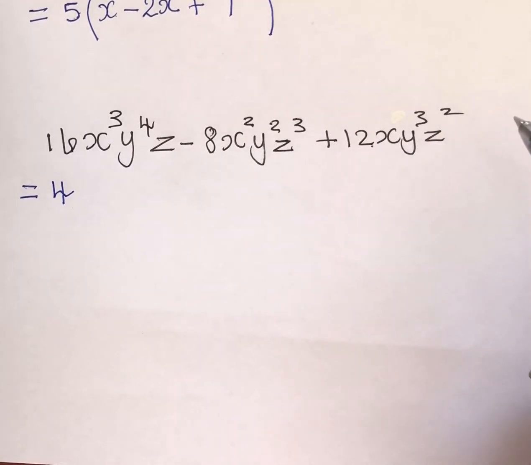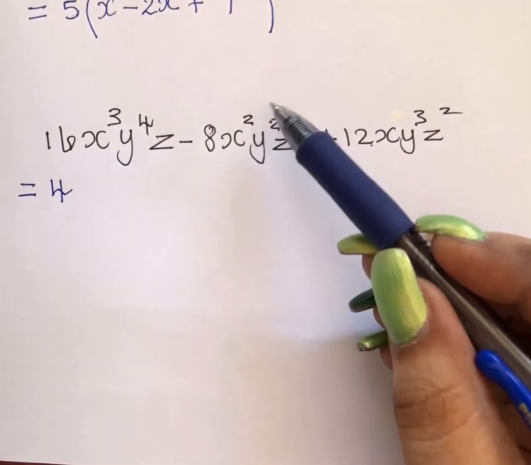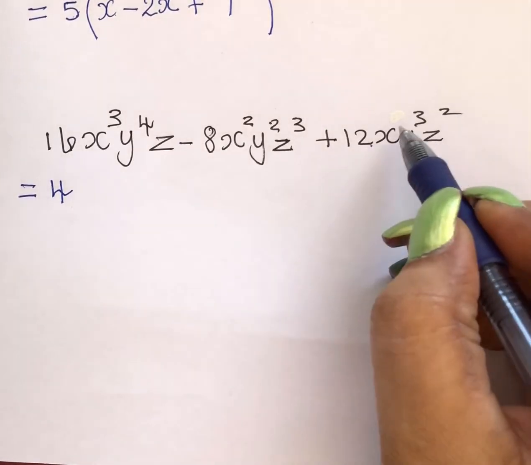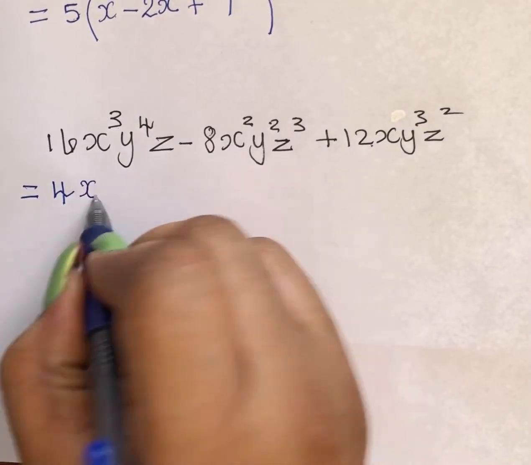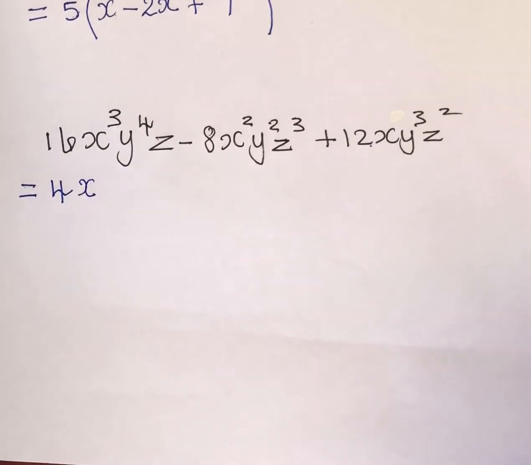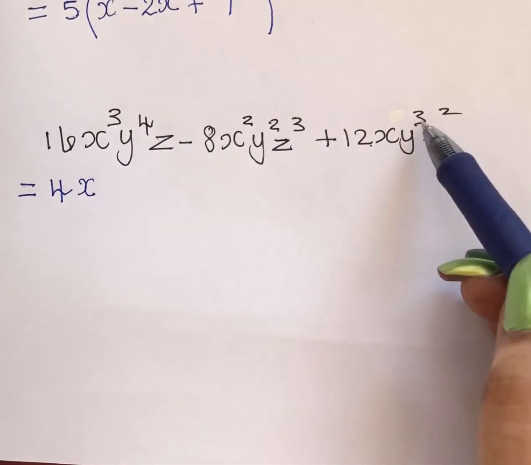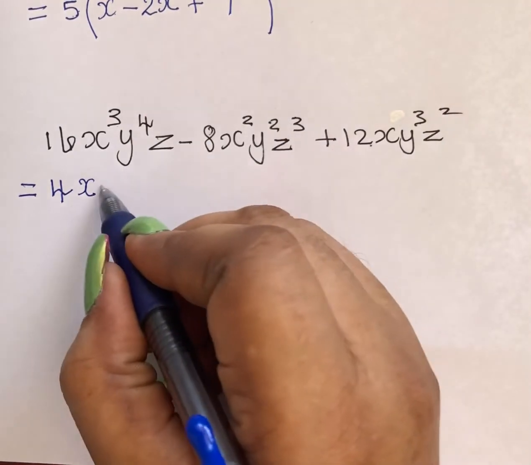Let us look at the letters now. We have x cubed, x squared, and x. The lowest one is x, which is to the power of 1. So we write x. Let's look at our y's. Y to the fourth, to the second, and then to the third. So the lowest power is to the second.